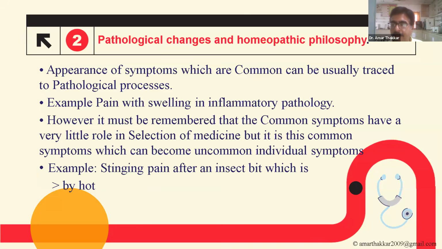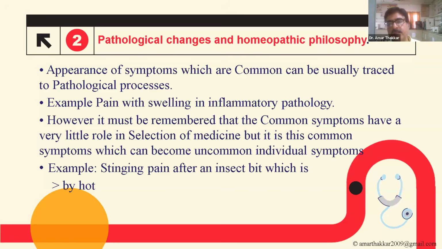So, you cannot expect that whatever you are talking in terms of disease can be applied to each and everything. So, that is the reason why, though here it is written that appearance of symptoms which are common can usually be traced to pathological processes, it cannot be true for every symptom.